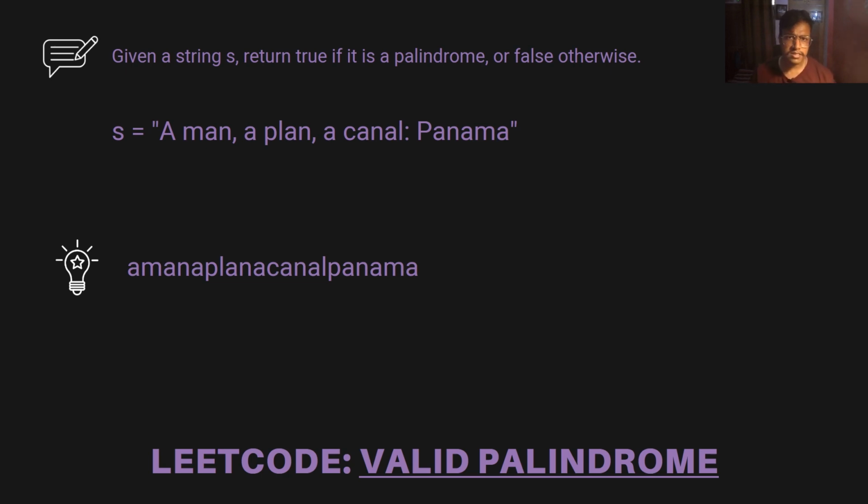So the very first step you'll be doing is converting the string into this string. All the uppercase letters will be converted into lowercase, and the non-alphanumeric characters will be removed. So this space will be removed, this comma, this colon, everything will be removed except the alphabets, and all the uppercase ones will be converted into lowercase.